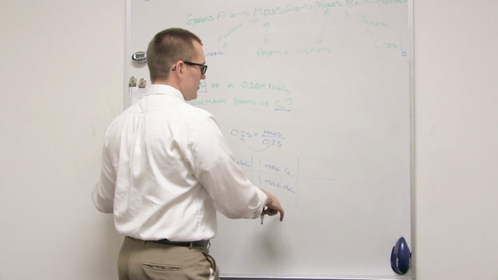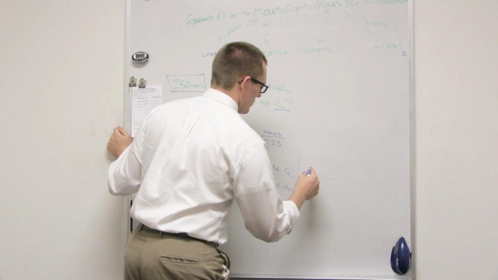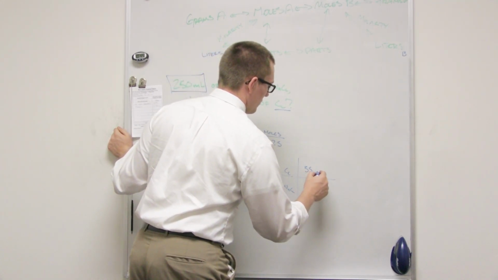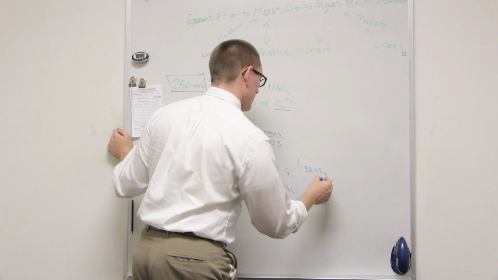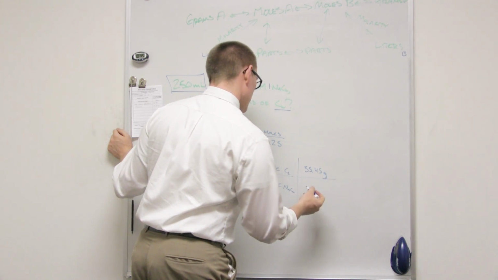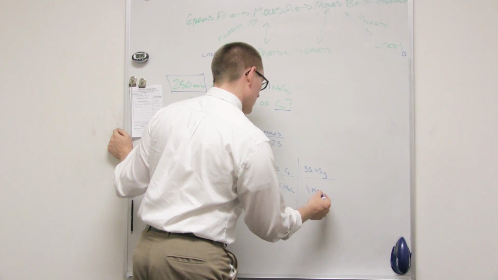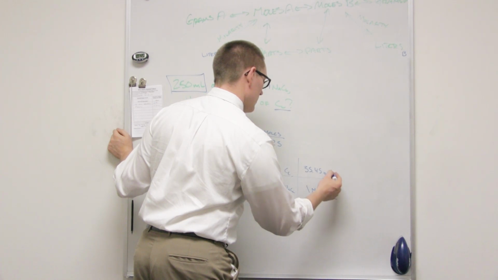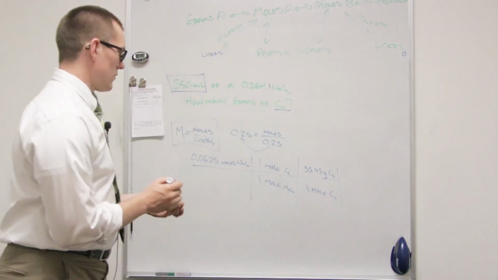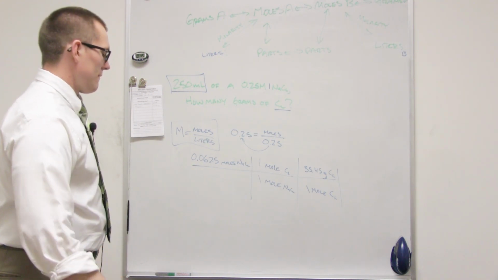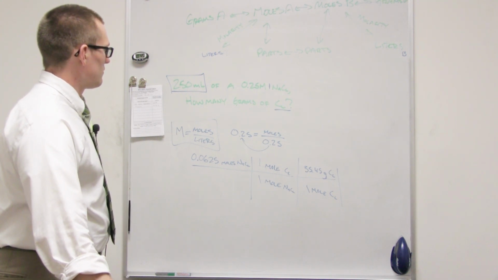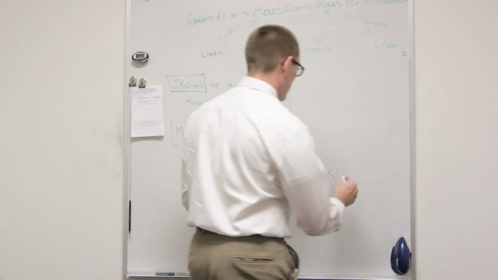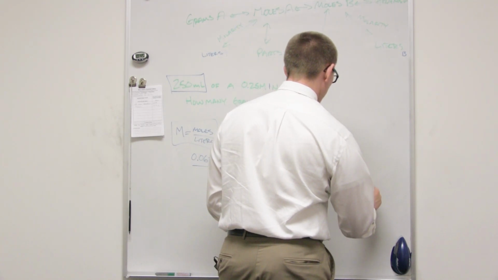And so we use this conversion factor to get moles of chlorine, and then we would just do 35.45 grams over 1 mole of Cl. So that's 2.21. 2.21 grams of Cl.